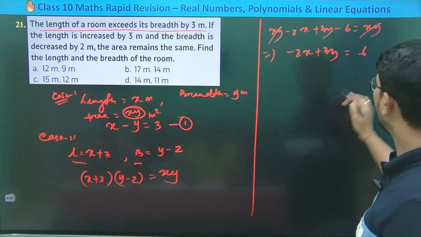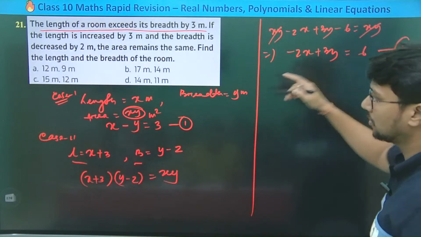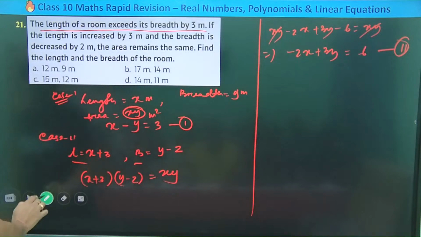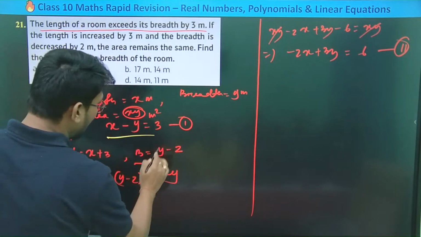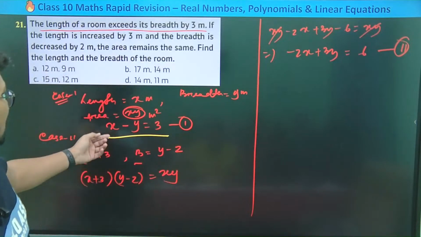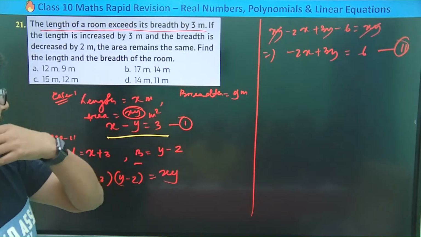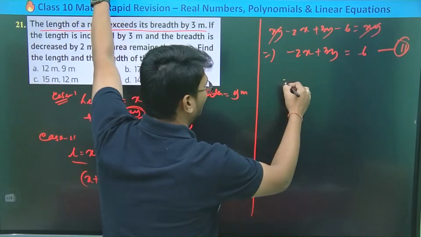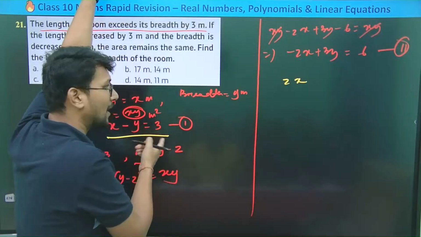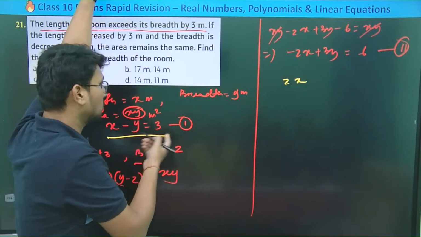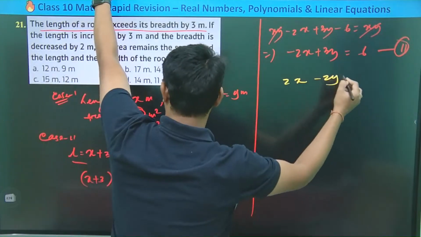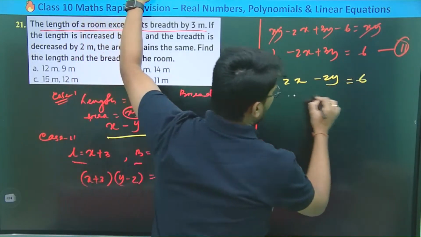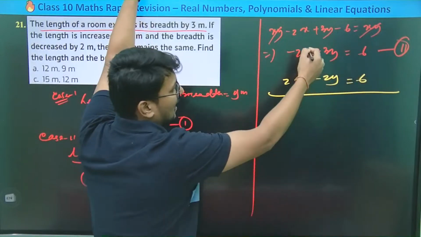Equation number 2. Equation 1 eliminate. Multiply equation 1 into 2, 2x minus 2y equals to 6. Add or subtract? Add.